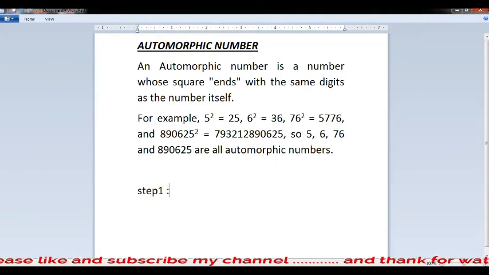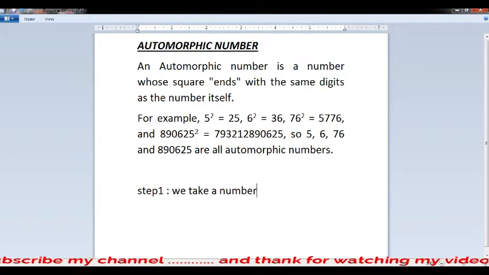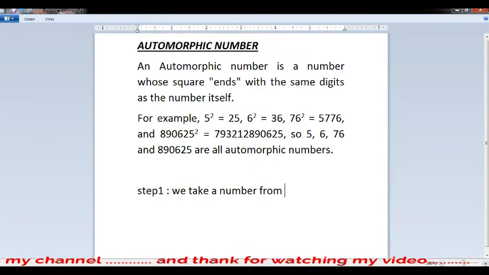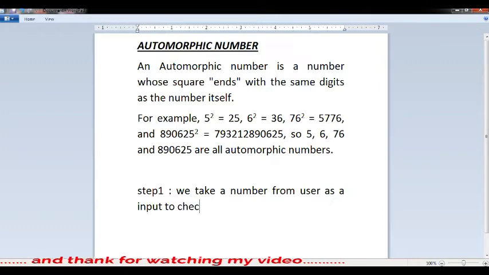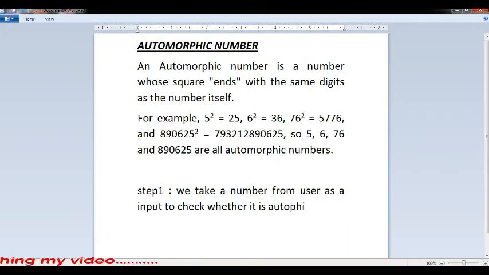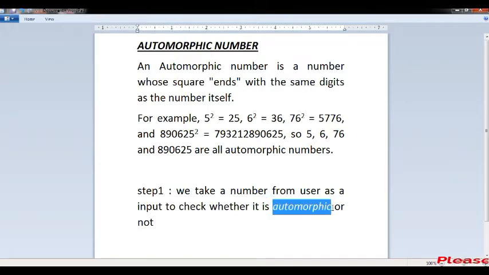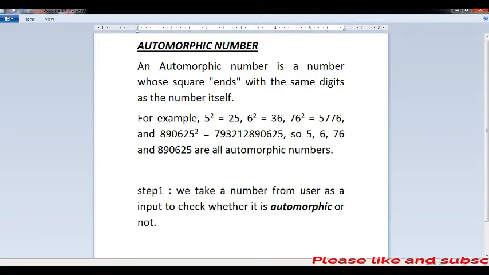Step 1, we take a number from the user as an input to check whether it is automorphic or not. Is that clear? It is a simple step.